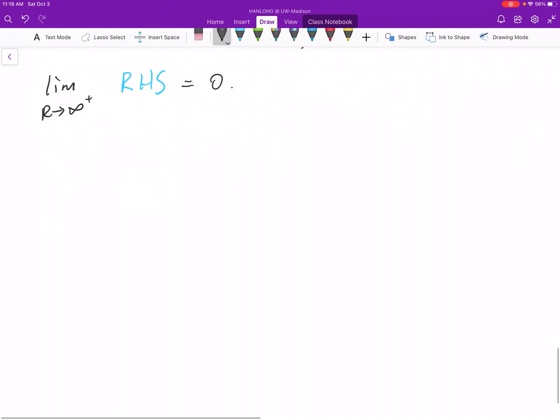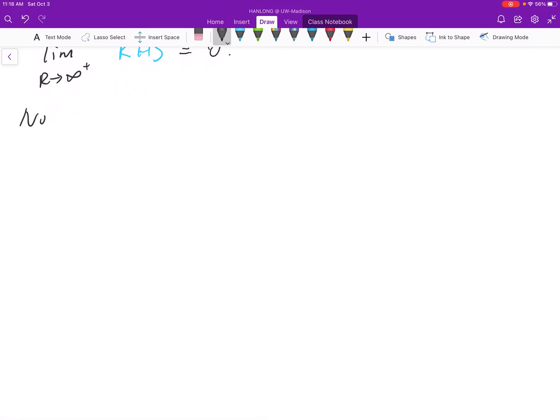Okay, now let's compute the right-hand side. So how to compute this one? Of course, we need to use parametrization, just as we recorded last time. Let's use the variable tau.